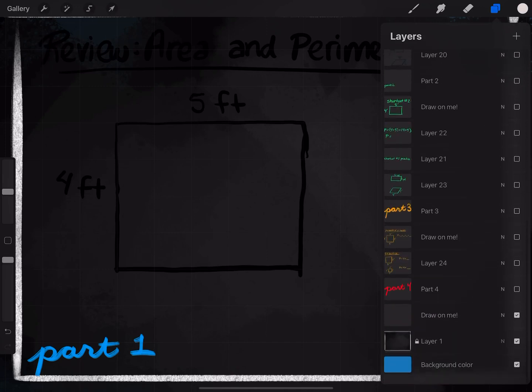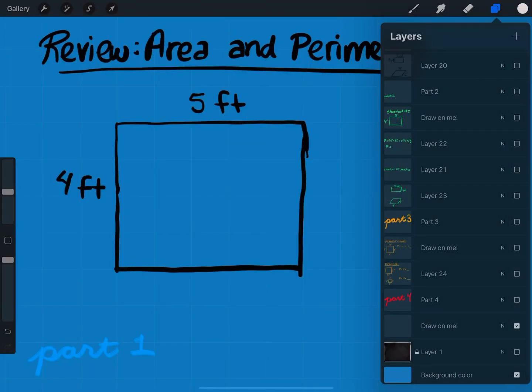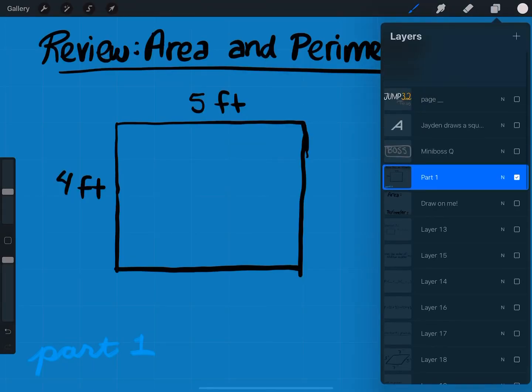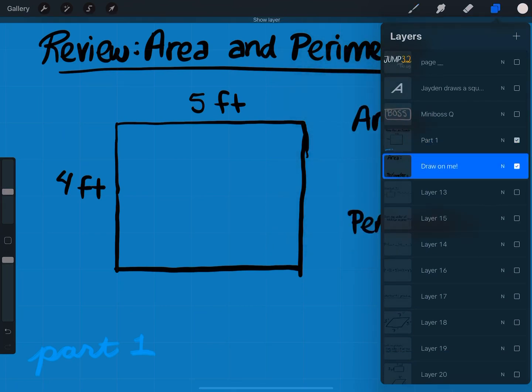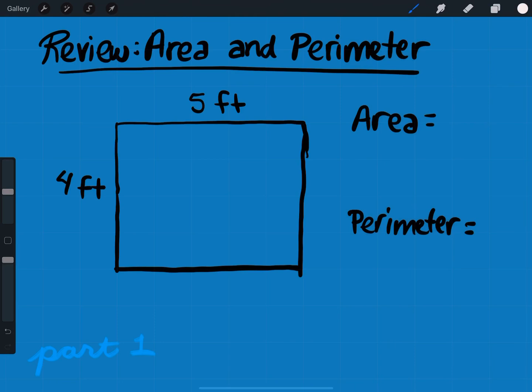All right. There we go. We can see this now. Okay, so just as an example of the idea of area and perimeter, we have a rectangle here and it's got 5 feet going this way and 4 feet going this way.